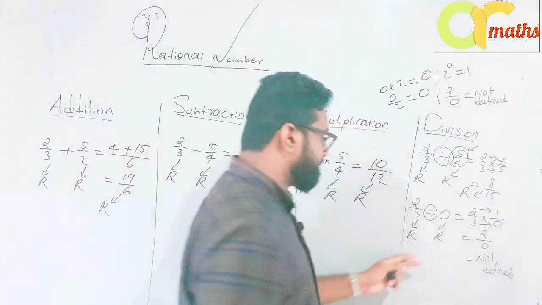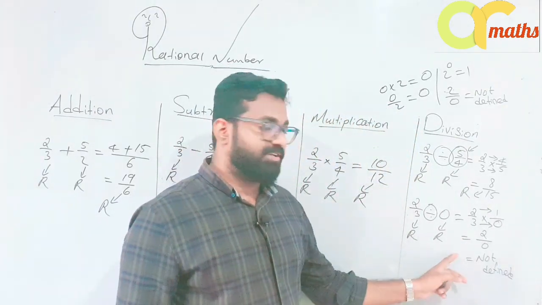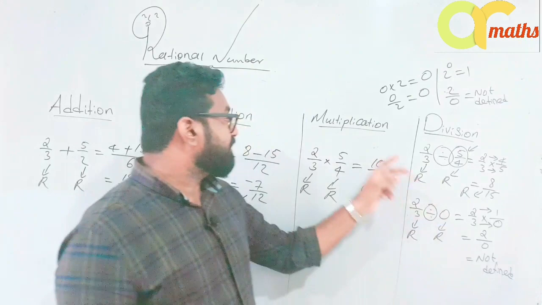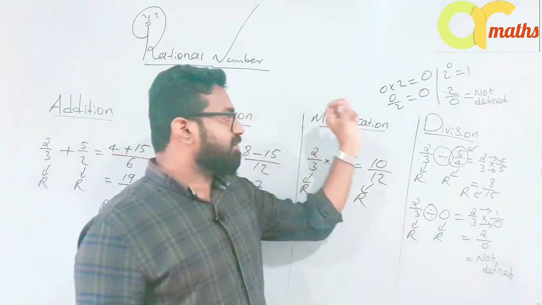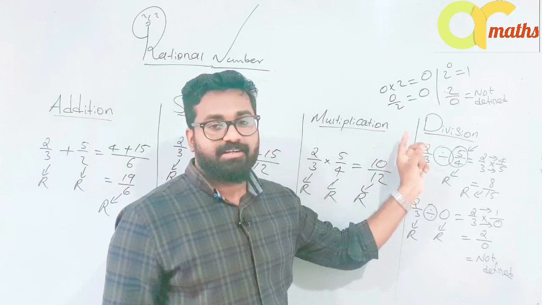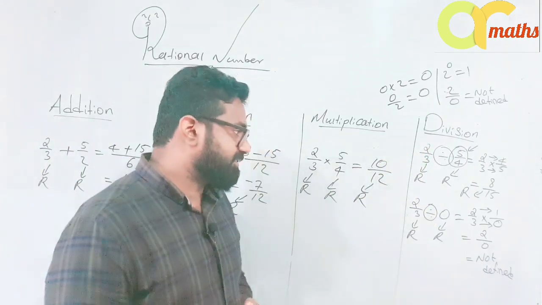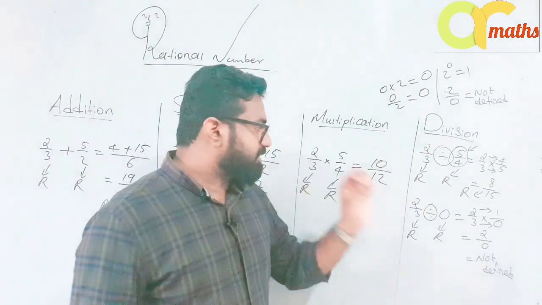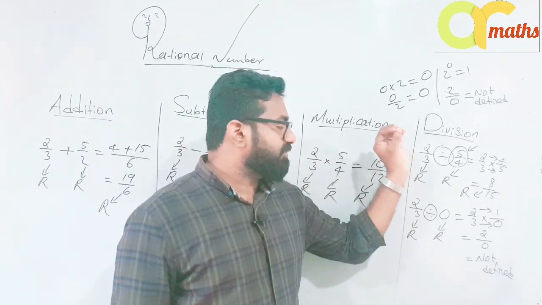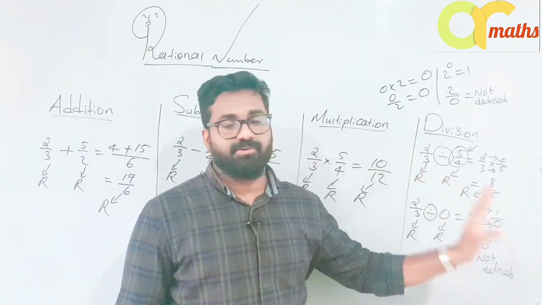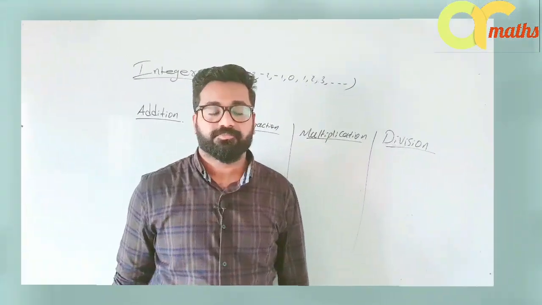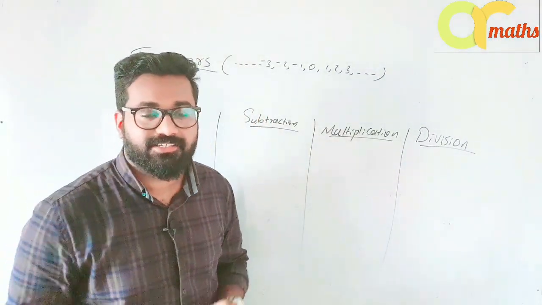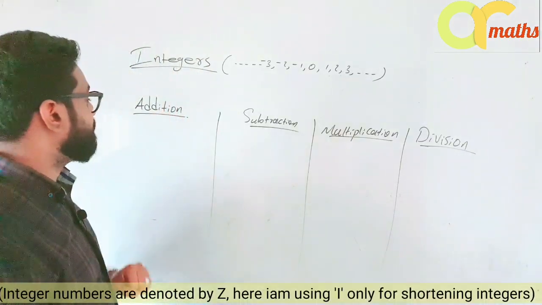So in this special case, this is not defined. Therefore, in general, we can say that rational numbers are not closed under division. Otherwise, we can say that rational numbers are closed under division, excluding 0. Exclude 0. Clear? Okay.